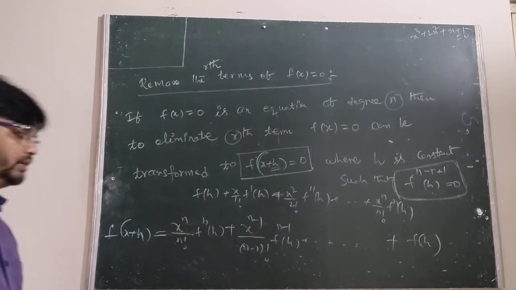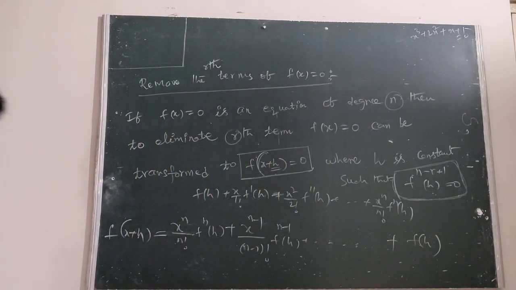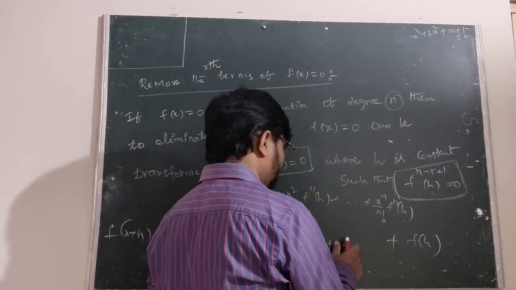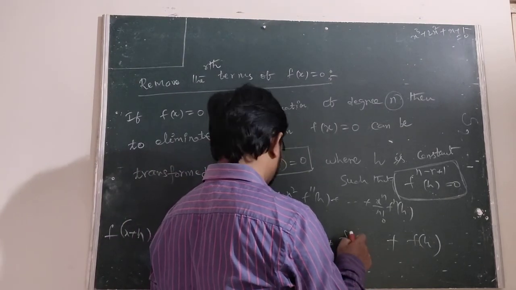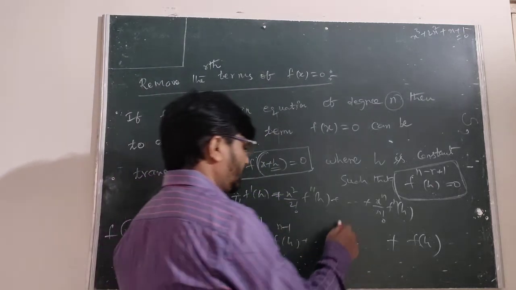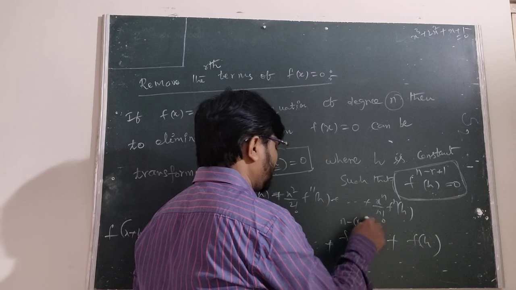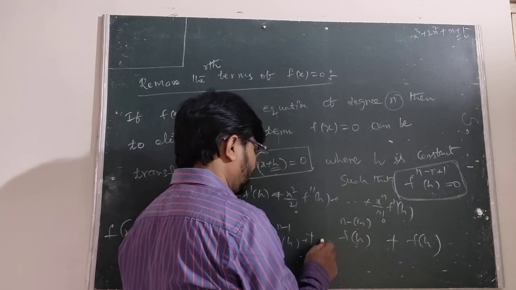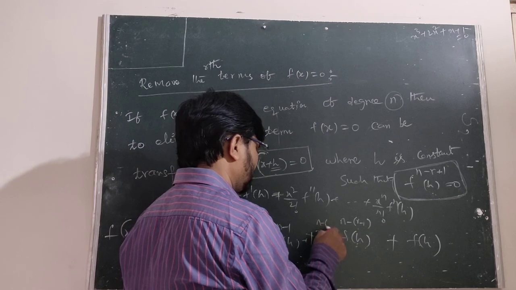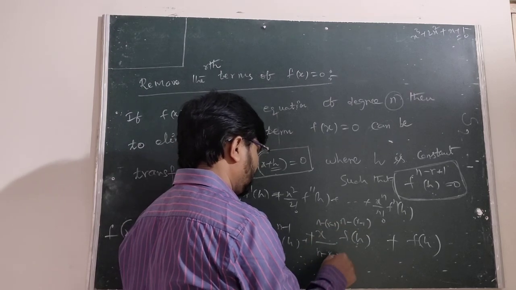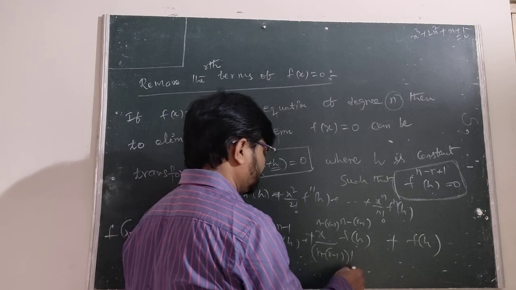So what we observe here, the rth term must be f^(n minus r plus 1) of h, therefore you can write x power n minus r plus 1 by n minus r plus 1 factorial.